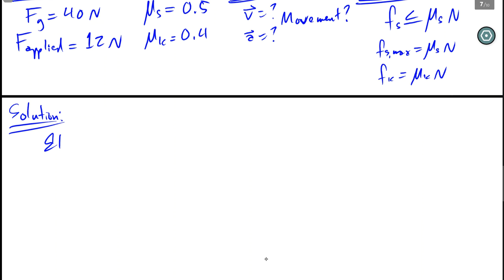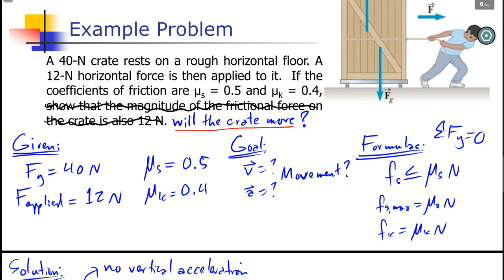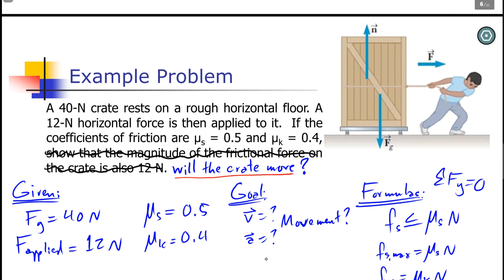The reason we need this is because there's no acceleration in the vertical direction, nor movement for that matter. As you can see, normal force is going up, weight's going down.